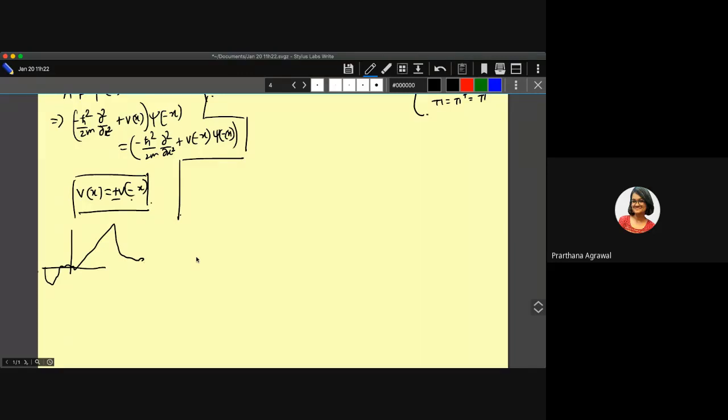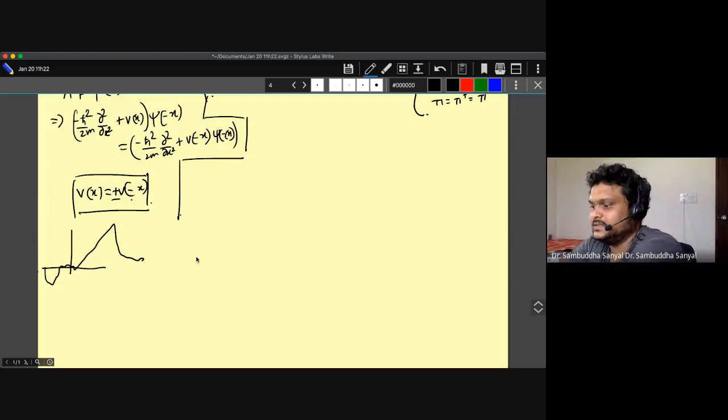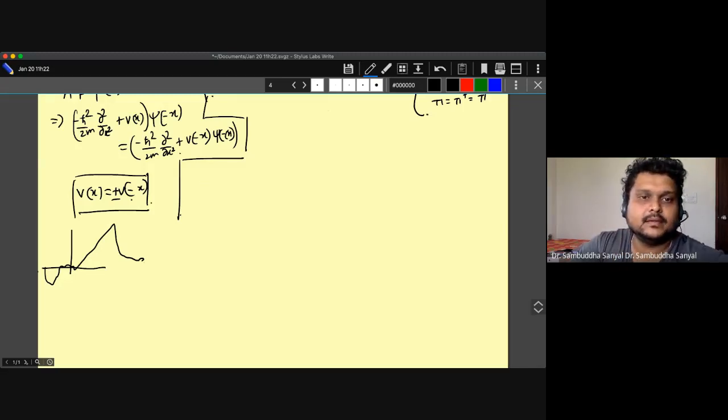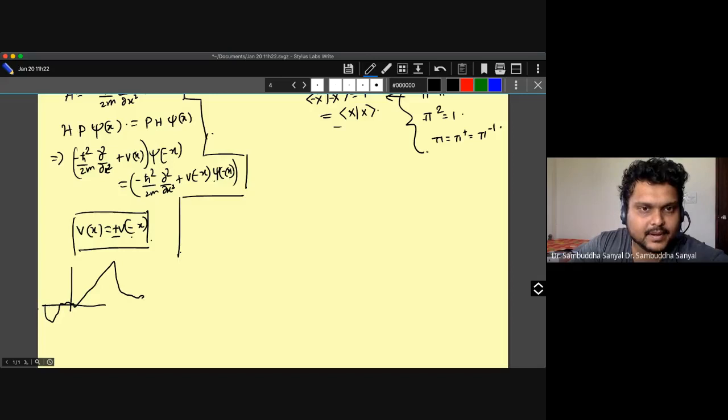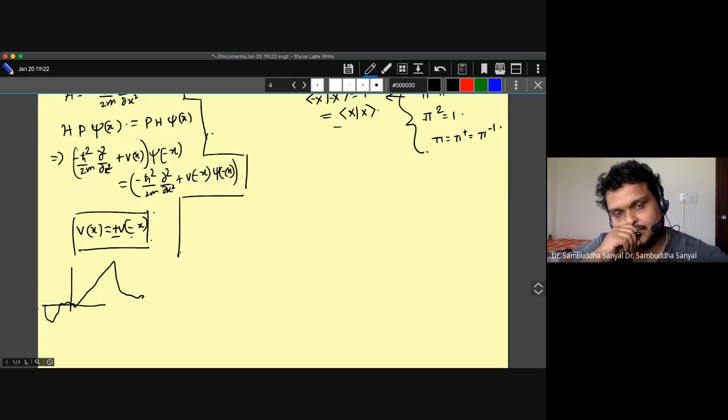Why would the equation be satisfied for both plus and minus V of minus x? Okay, let's see. So if my parity operator does this, yeah, I don't think it will be satisfied. You're right. But why did I write that?